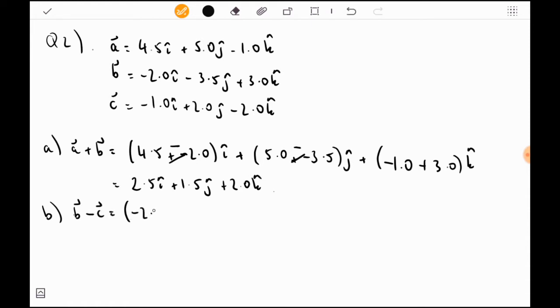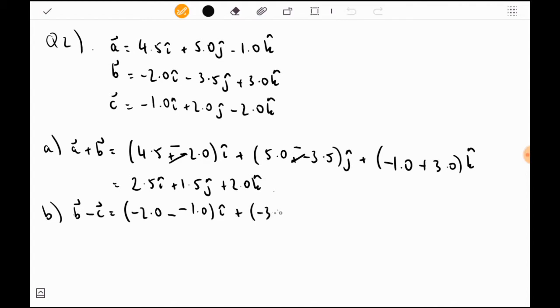So B minus 2.0 minus 1.0 I. So this is why I was doing the plus minus there, because that way if we're subtracting vectors, we're still making sure that we're not getting our signs mixed up.